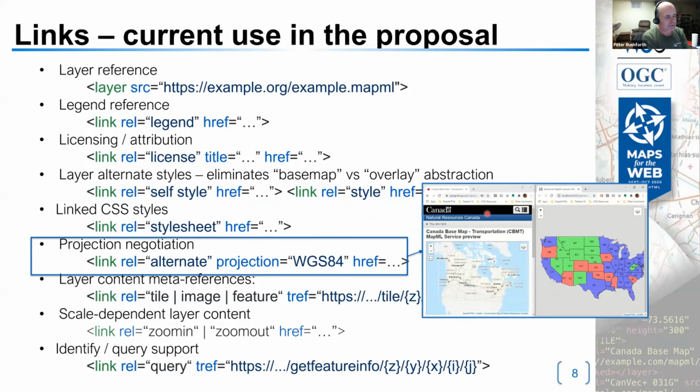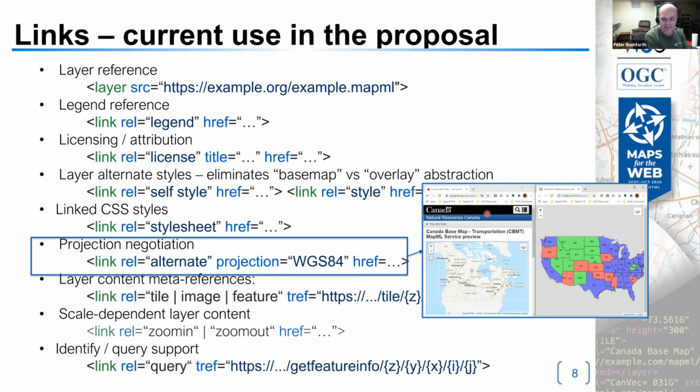And so there are a small set of projections that are supported by the proposal currently, and rather than asking browsers to fully support projection transformations, we propose an alternate mechanism for negotiating projection through a link relation of alternate with an added projection attribute.